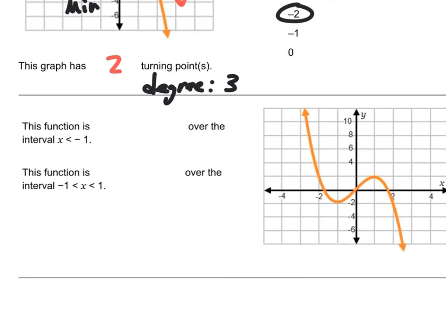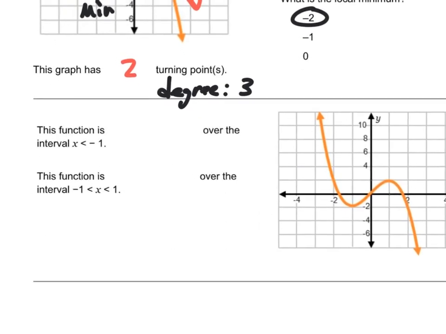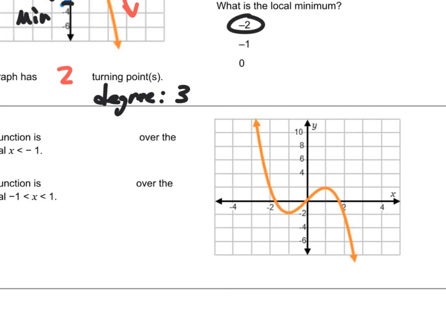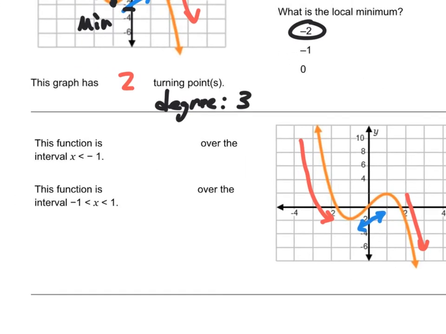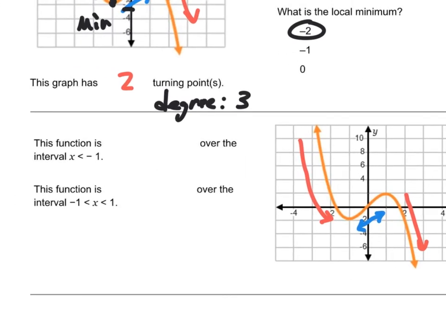All right, now let's take a look here. This is the same graph. We were decreasing here, we were decreasing here, and then we were increasing from here to here. It says that when x is less than -1, the function was decreasing.